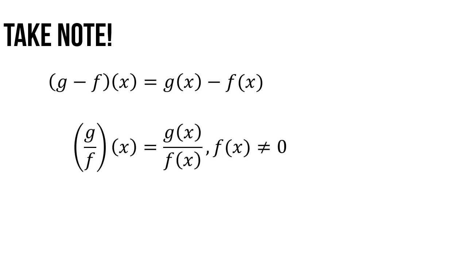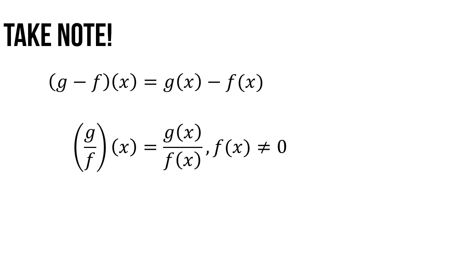It also applies to g over f of x, which is different from f over g of x, because same as the operation subtraction, the operation division is not commutative.